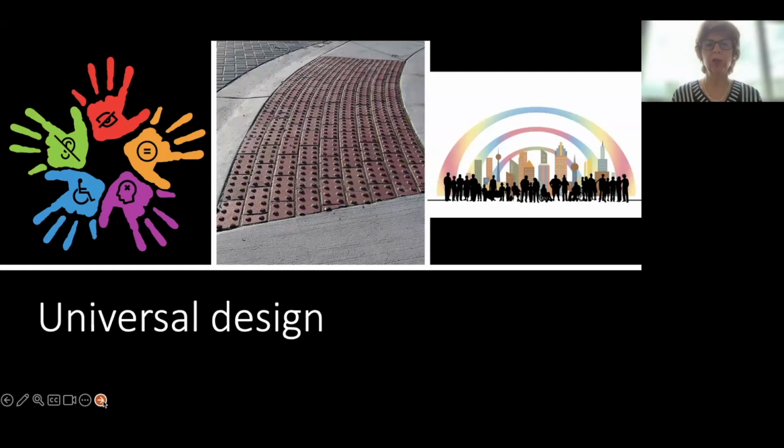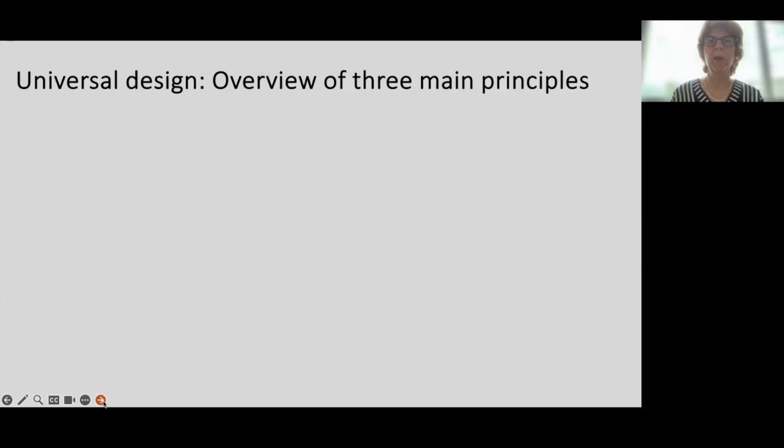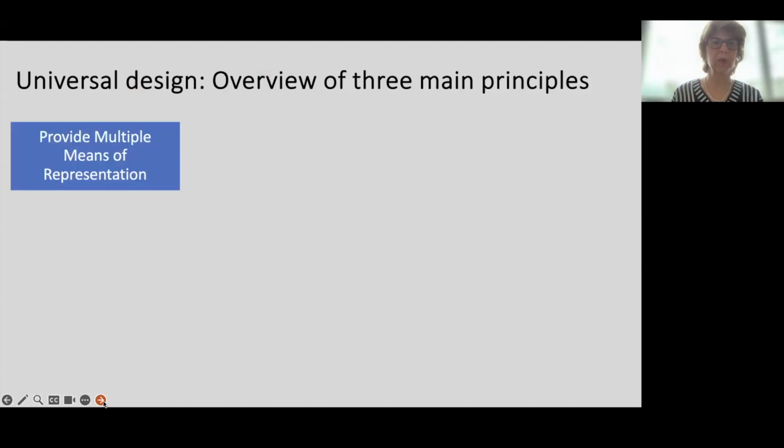Universal design traditionally comes from architecture, and it is a principle that offers students a fair and equitable means to access education, regardless of their characteristics or strengths and weaknesses. Universal design has 3 main principles. The first one is providing multiple means of representation, right?